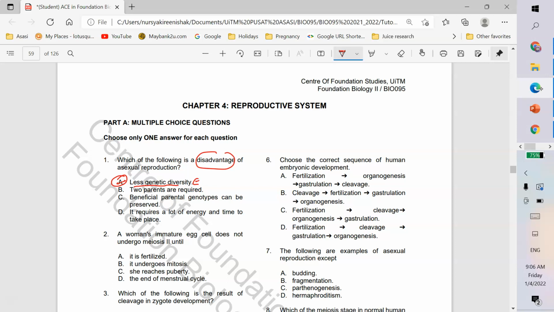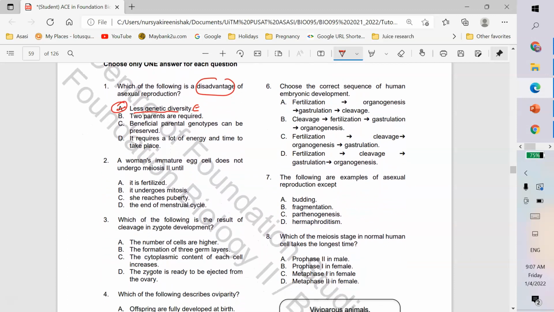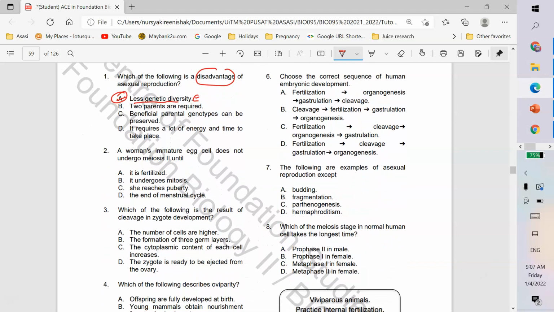So that is the disadvantage. There is no variation. When the population is infected by a certain disease or the environment changes, the individuals in that population will not be able to survive. That is an example of less genetic diversity. So faham Afika? Faham, madam. Thank you.